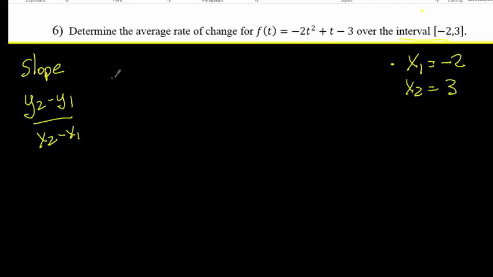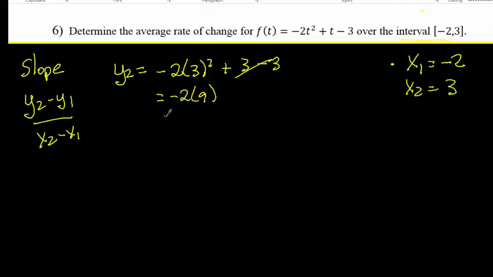We just have to find out what y2 and y1 are. Well, y2 would be whatever that value is when x is 3. So I'm just going to plug in negative 2 times 3 squared plus 3 minus 3. So that would go away, and this would become minus 2 times 9, or negative 18, which is y2.